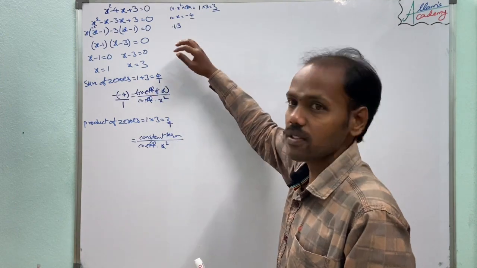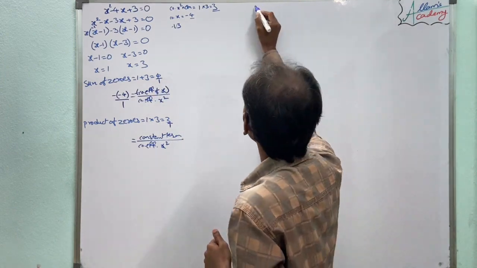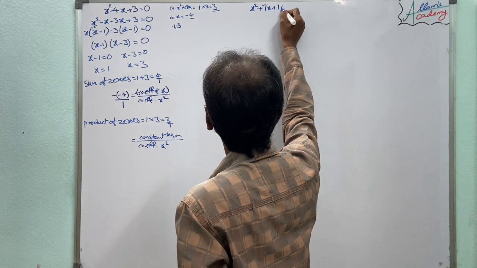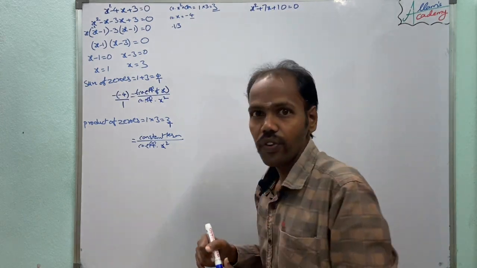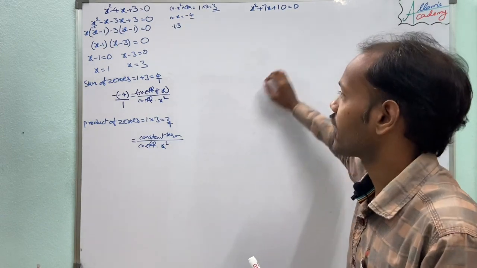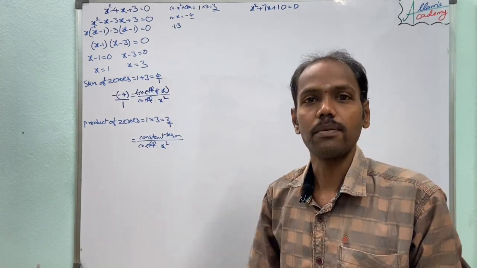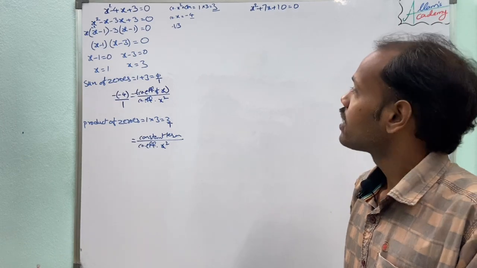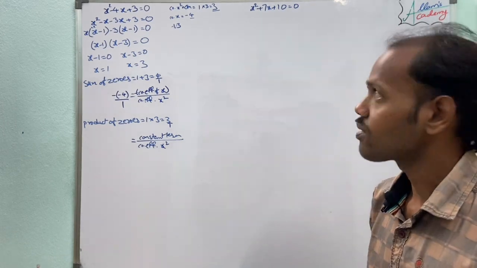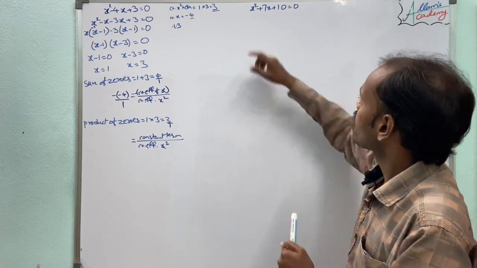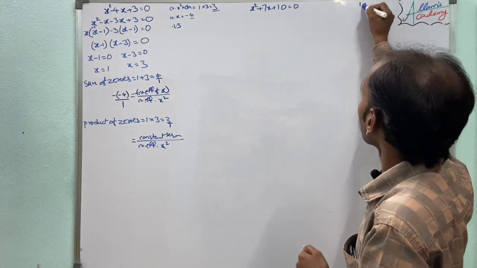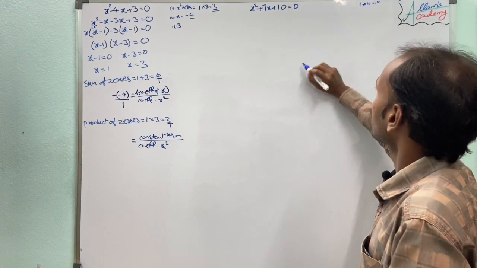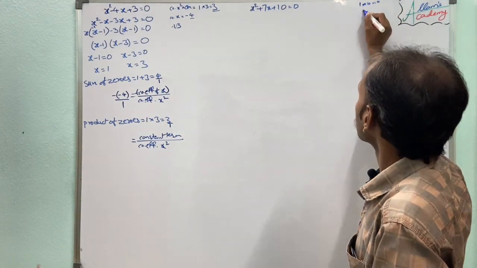For this purpose we see another example, x square plus 7x plus 10 equals 0. We find the zeros of this polynomial and check the relationship between the zeros and their sum and product. Here the x square coefficient is 1 and the constant term is 10, so 1 into 10 equals 10, and the x coefficient is 7.